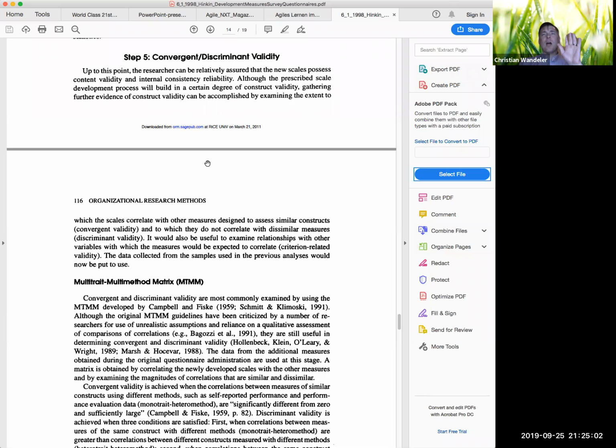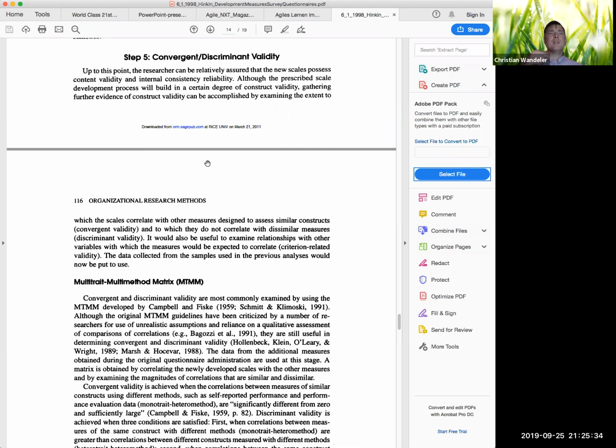If people that score high on the existing survey on authoritative leadership also score high on your scale, then that would support convergent validity, right? They could say, hey, we already know this thing here measures what you're trying to measure. Now, if your new thing correlates with the existing thing, then that indicates that this likely is something similar.